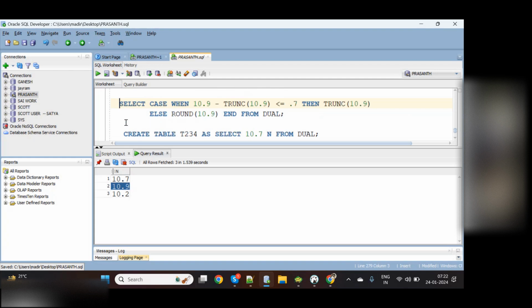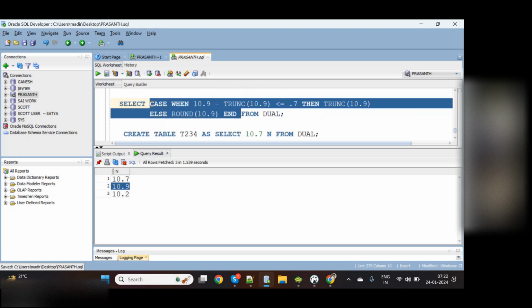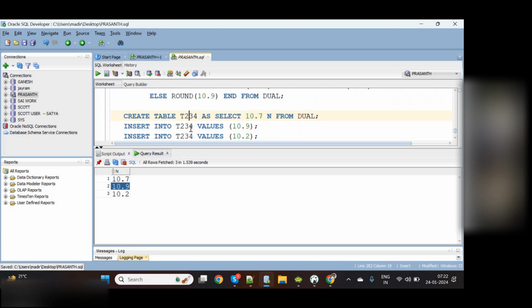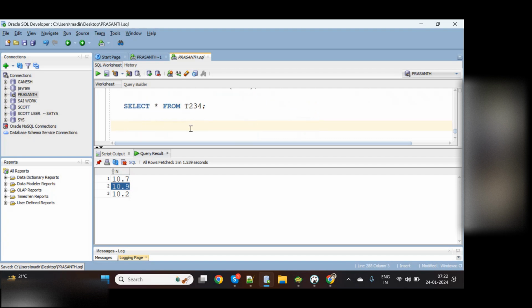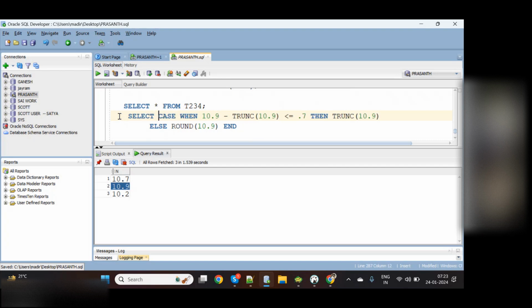So now the same logic I apply in this table. First I practiced that code, I achieved my result set. Now I will keep select, simply, what is my column name? N. So when n minus, just applying on my column.